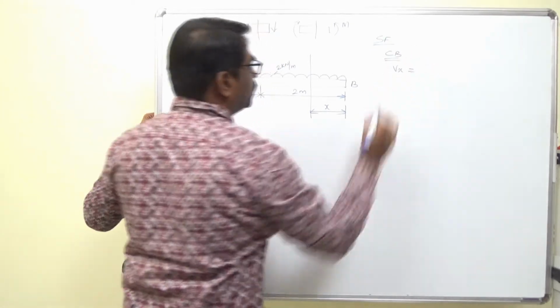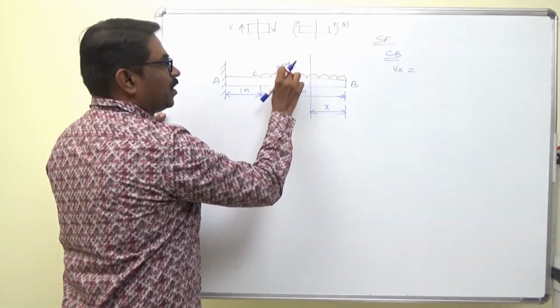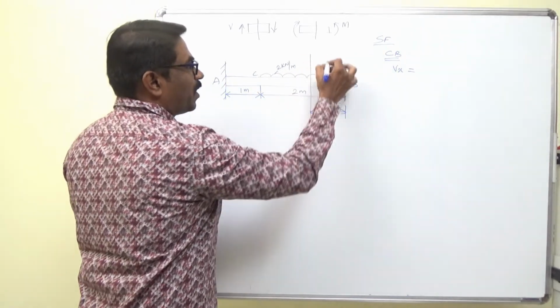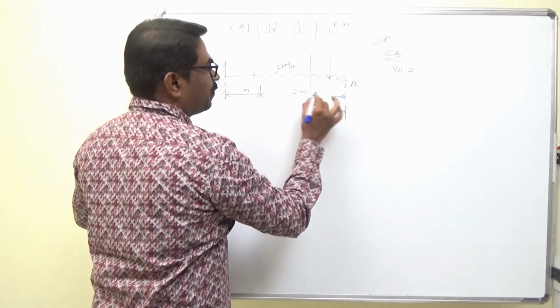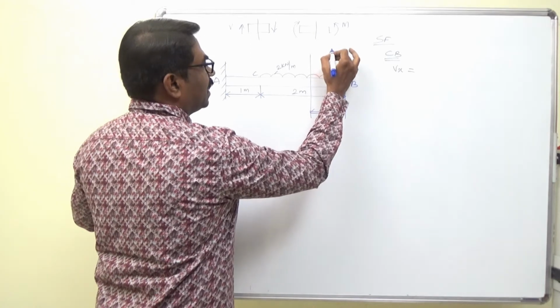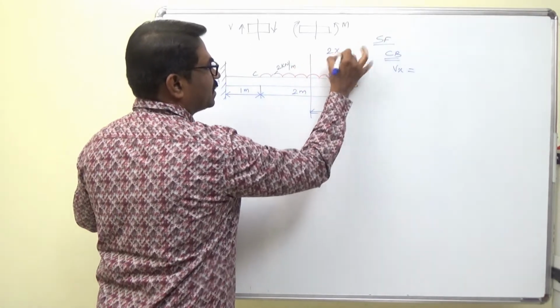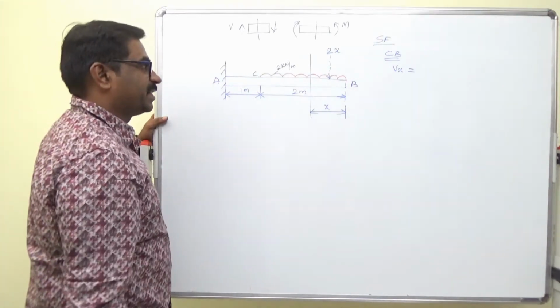Vx equal to, now this UDL 2 kilonewton per meter, we have to change into a point load. It will be acting at the mid of X, right, and 2 is the force, X is the distance, so 2x is the point load that is acting here.